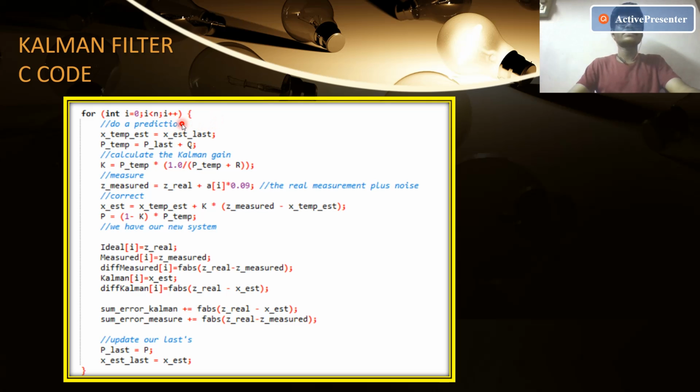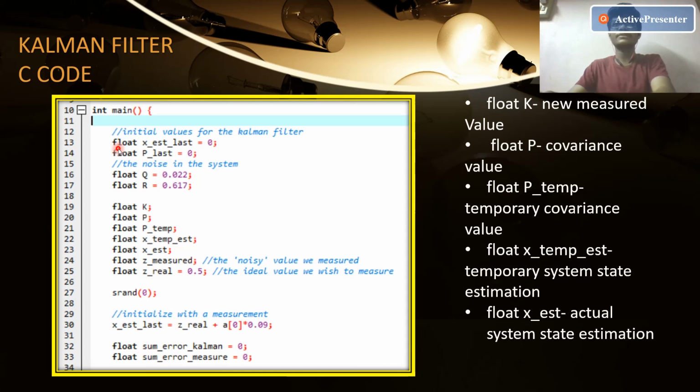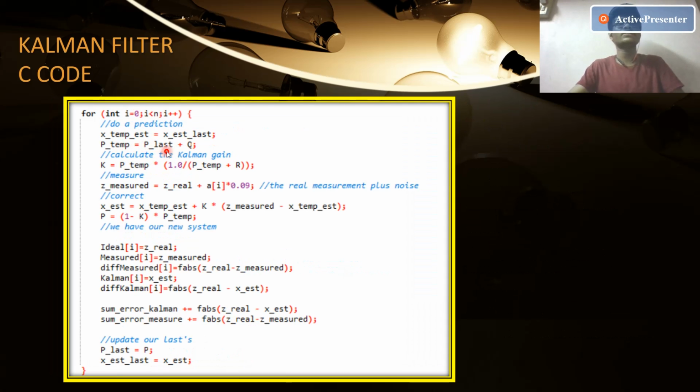In the first step they predict the values, in the second step they measure the values, and in the third step they correct the values. For each state we have certain formulas, like in the prediction state, the current estimation is equal to n minus 1 into the last estimation, and p temp, the temporary covariance, is equal to the covariance obtained in the last iteration.